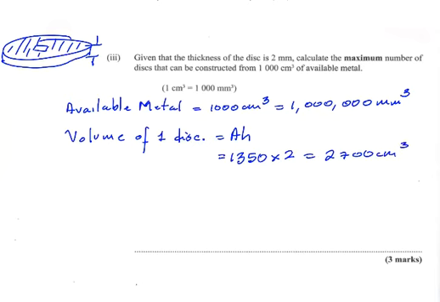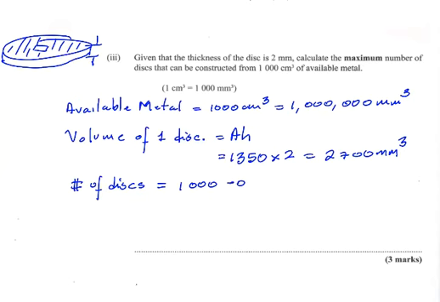Sorry, that is actually millimeters cube. So the amount of metal that is available is a million millimeters cube, and one disc actually requires 2,700 millimeters cube. So to get the number of discs that you can get from the available metal, you have to divide. How many times can I get 2,700 from a million?